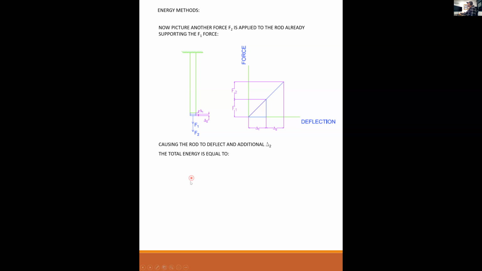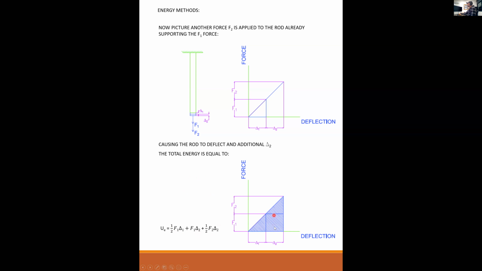Okay, so the total energy now is going to be equal to the area under the curve. So the total energy is going to be equal to half of F1 delta 1. That's this section, half because it's a triangle. It's going to be equal to the whole of F1 delta 2, because that's a square.